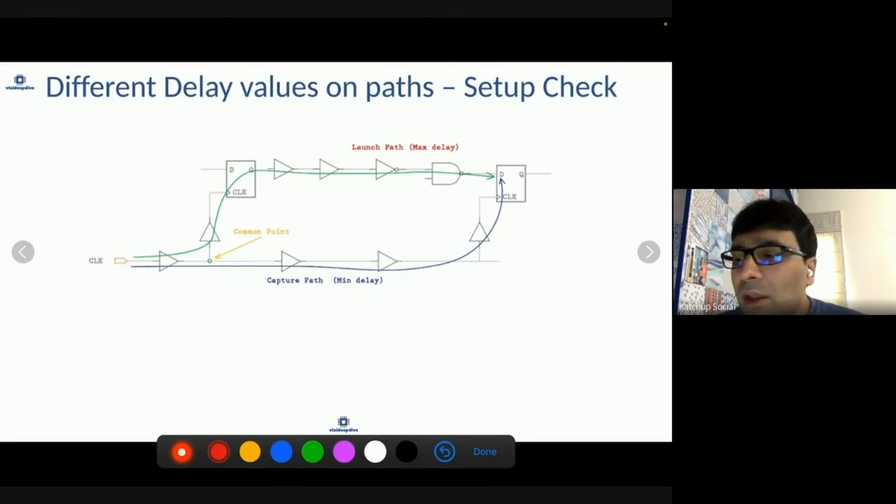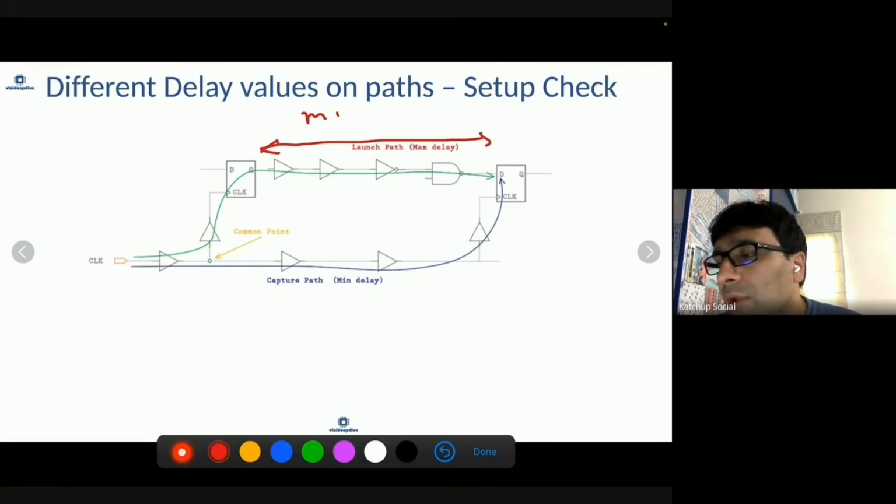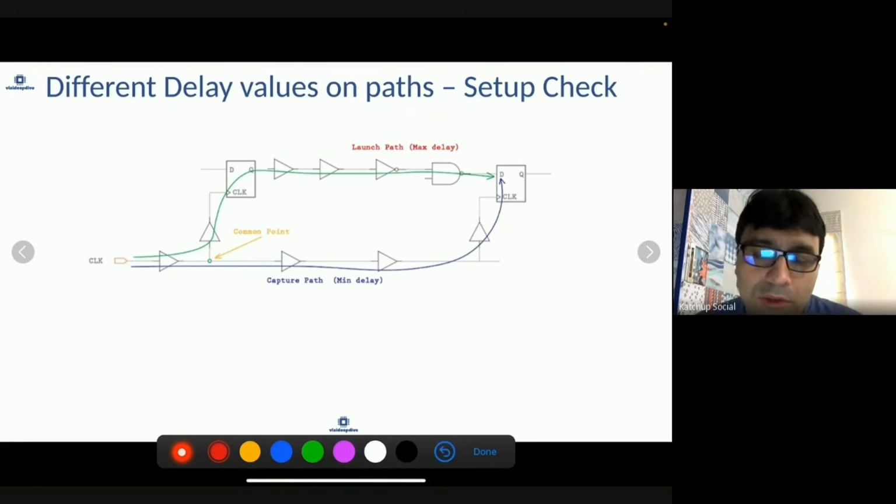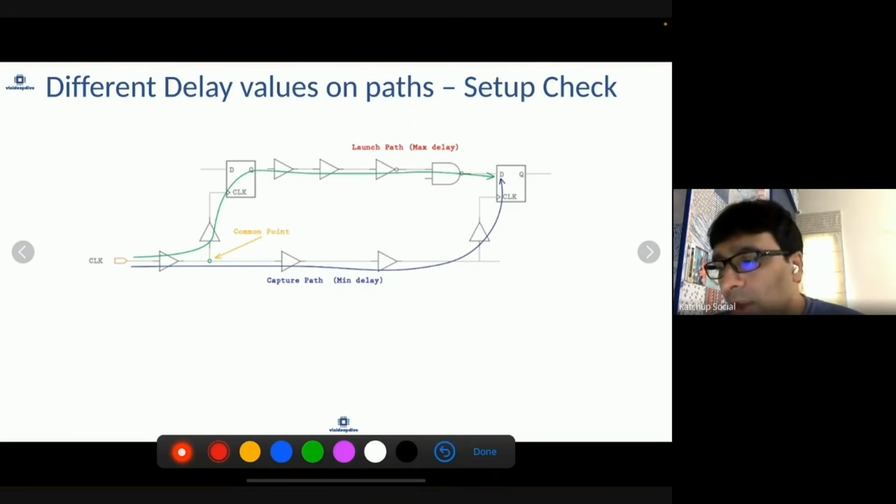The basic thing is a path delay can have some minimum value, maximum value, and some nominal value. While doing STA, for STA to stay pessimistic and make sure that no matter what the actual silicon is, your timing is going to be met.